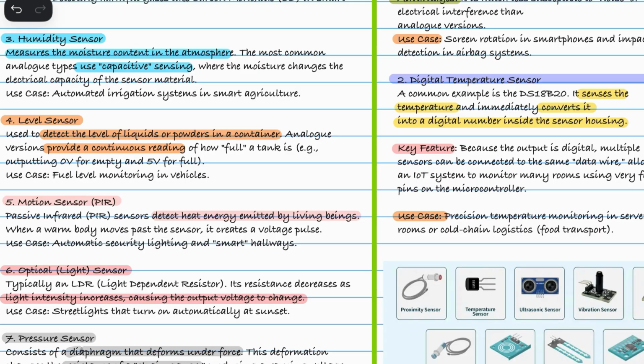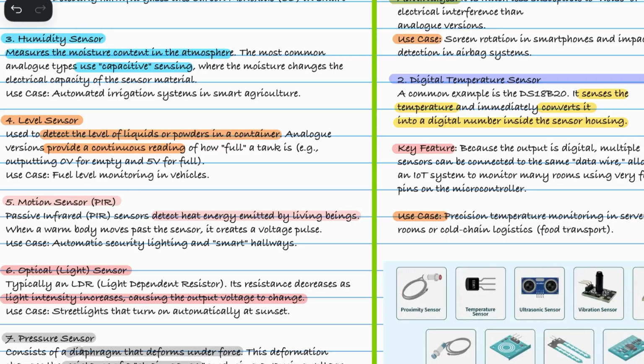A moving living being is always warm, so it identifies that. For example, in smart office hallways the lights instantly switch off if no human body heat signatures move for 5 minutes. And then whenever there is a movement, the light switches on. That is how motion sensors work.